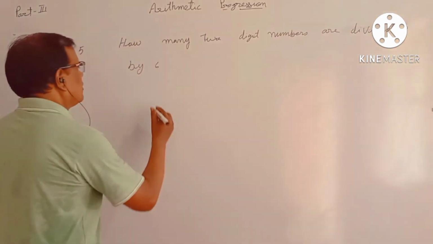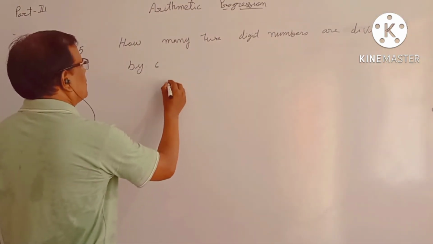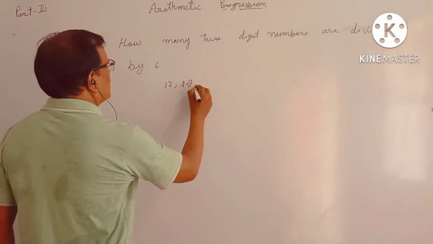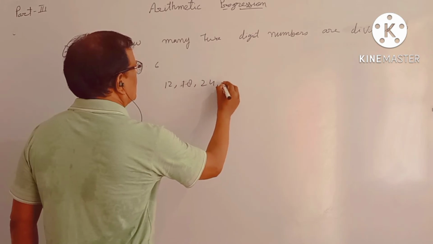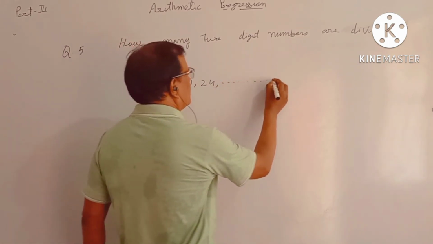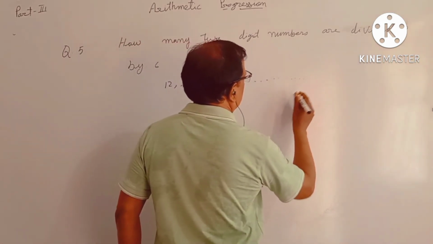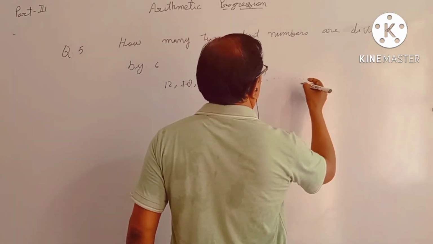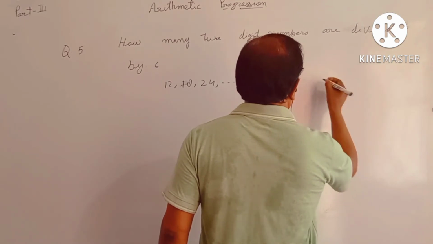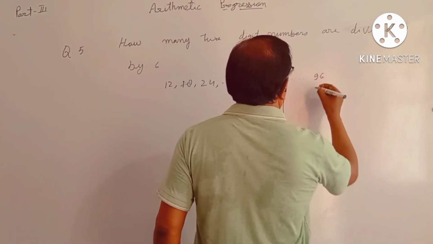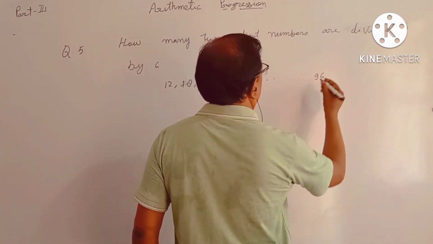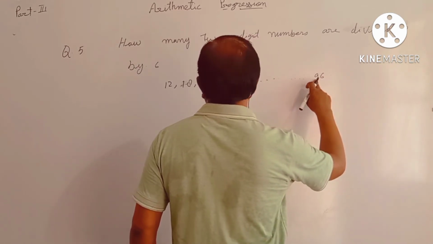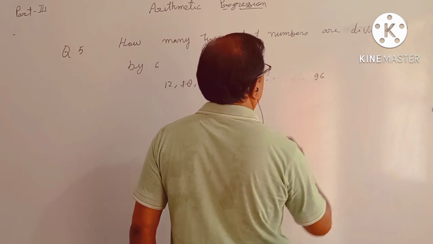We start from 12, then 18, then 24, up to the last two-digit number, 96. 96 is divisible by 6 also. It is the table of 6.